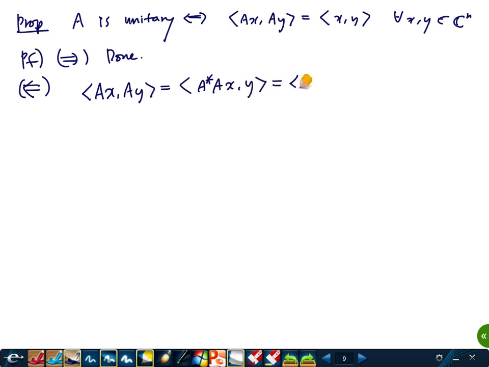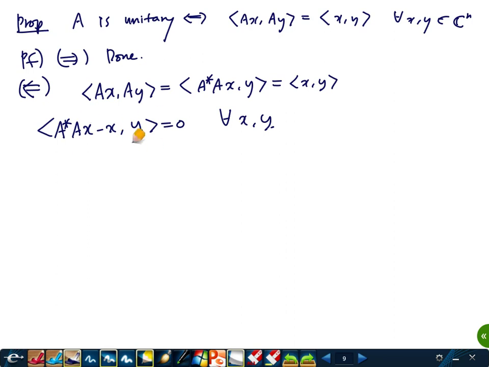By assumption, this is equal to the inner product of x and y for all x and y. We can rewrite this by moving it to the other side: the inner product of A star A x minus x, and y, is 0 for all x and y.